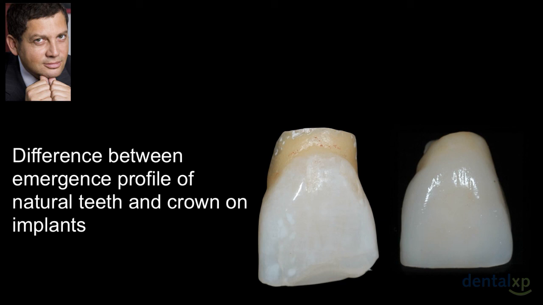Many times, if we try to emulate or resemble the natural tooth with a crown on an implant, this soft tissue will not stay there for a long period of time.